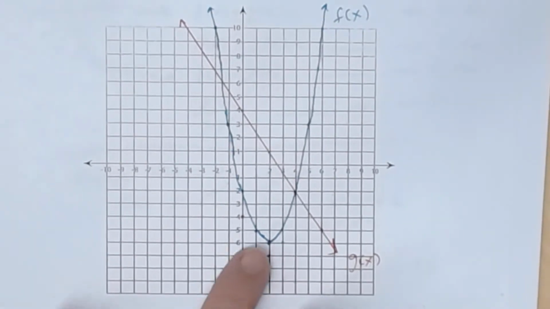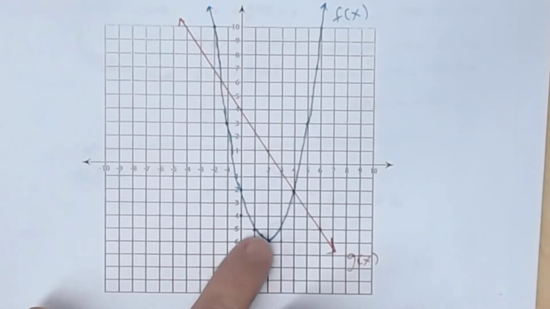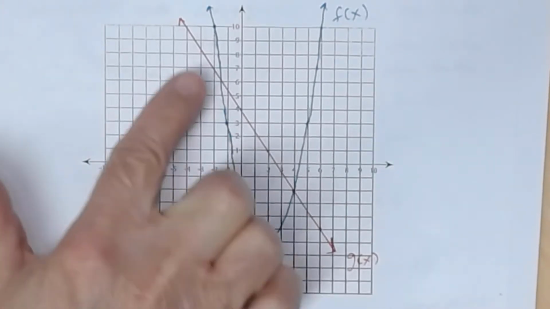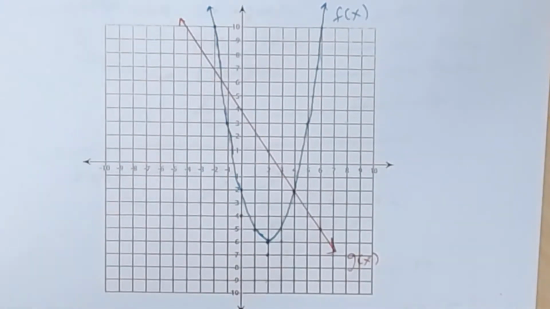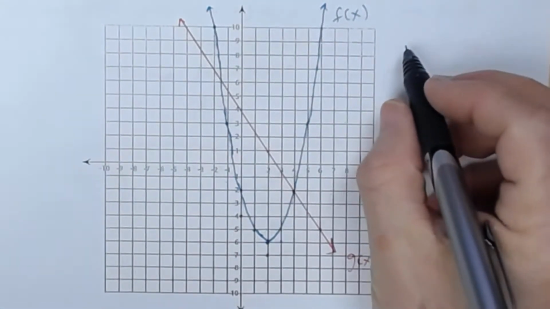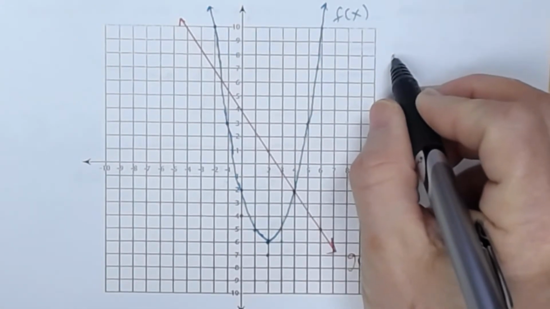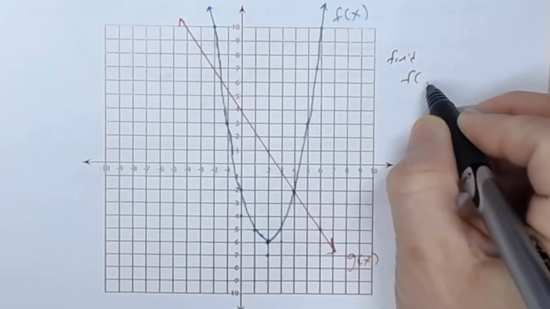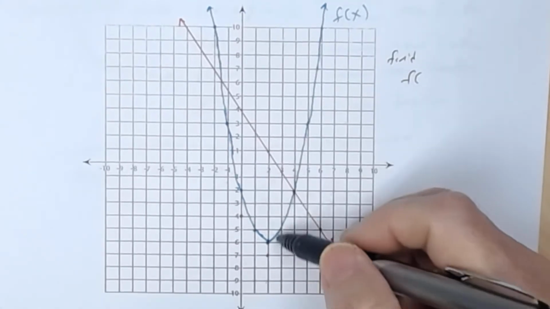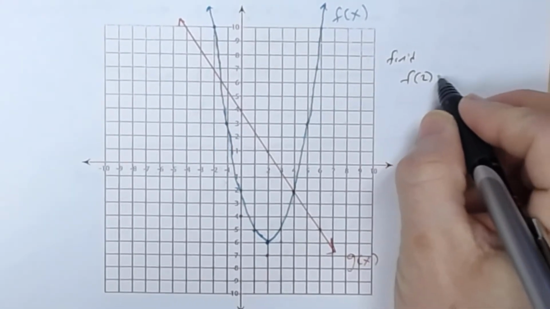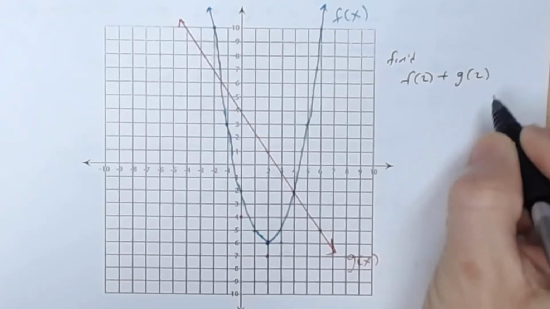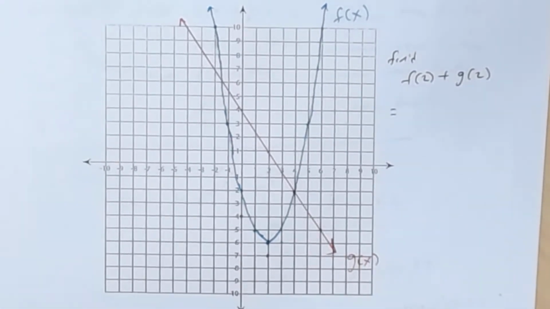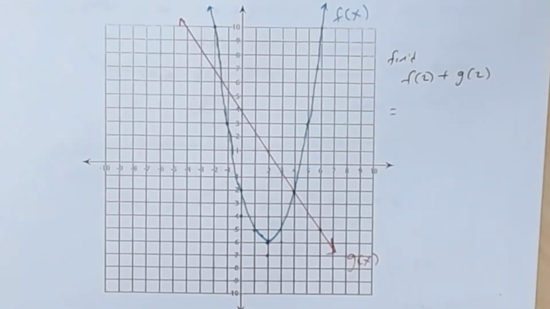Again, you can't see the colors, but this is teal green, whatever color that is, and this is red. Now let's suppose, because this is what's really happening, I want to find f of 2 plus g of 2. So I want to find f of 2 plus g of 2.